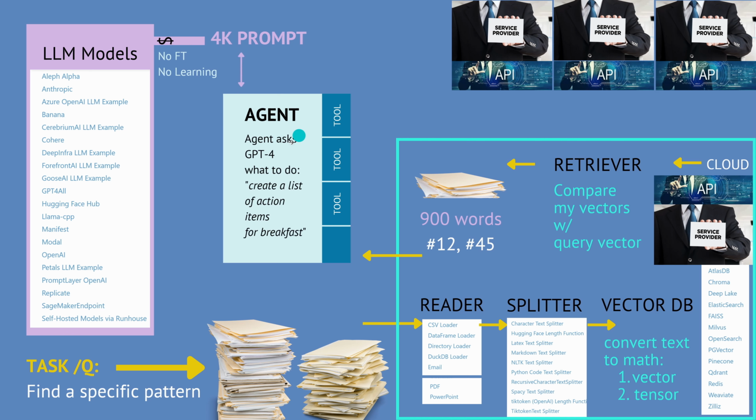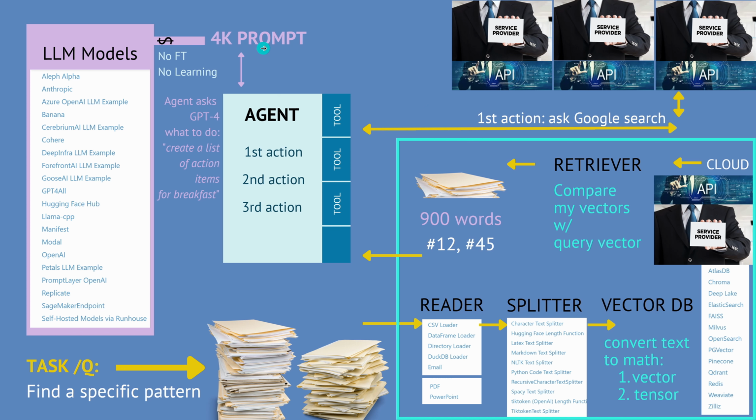So an agent asks the intelligence, we say we go with OpenAI GPT-4, what to do given a specific topic or problem. It tells it, hey, create a list of action items for breakfast. And then we get a response from GPT-4: this is your first action, the second action, and the third action.